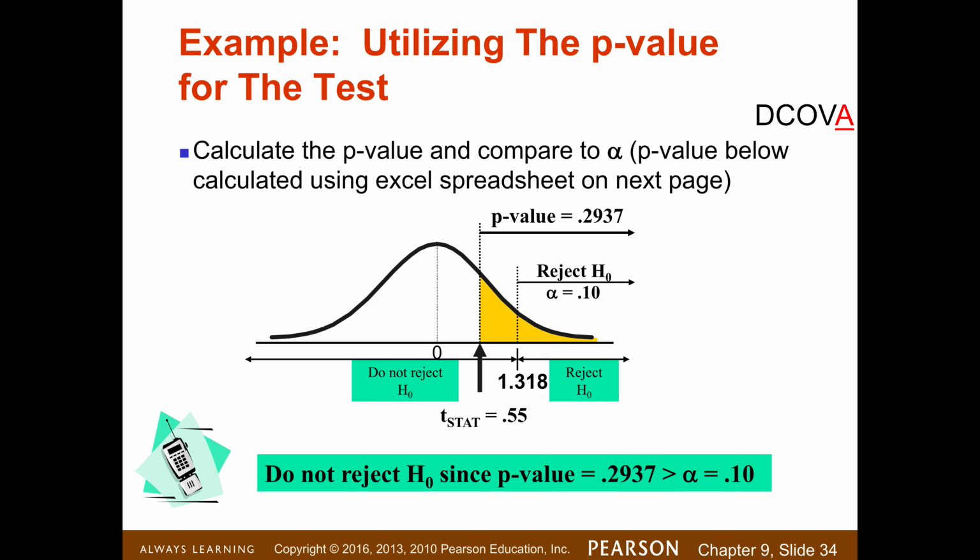Well, this is easily done in Excel or StatCrunch, as we use in our class. We would find that the p-value would be 0.2937. It's greater than 0.10, so it leads us to the same decision of failing to reject the null, because our p-value is higher than our set alpha of 0.10.